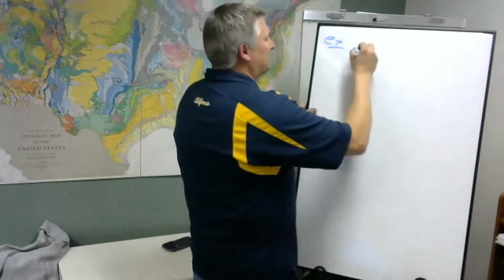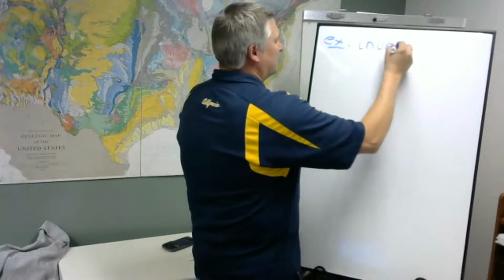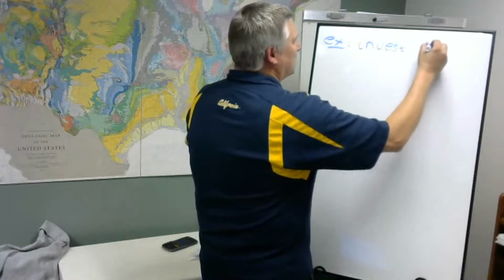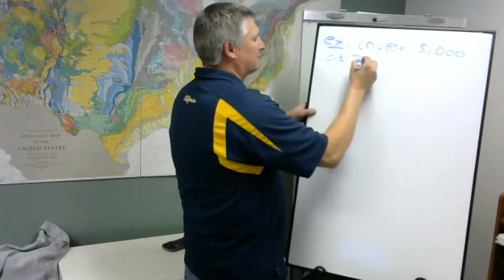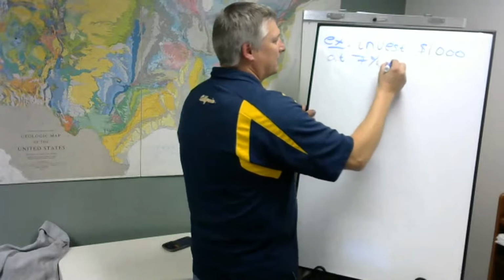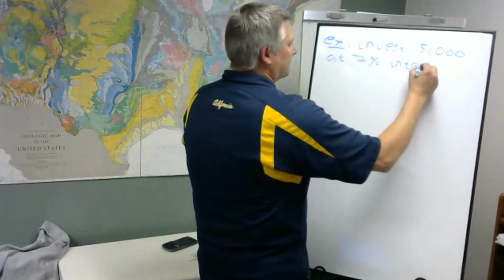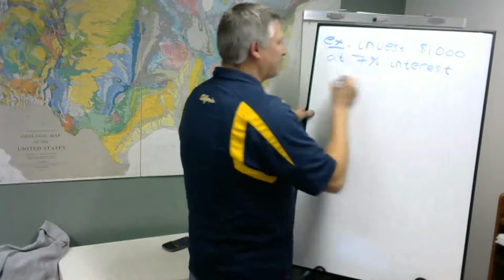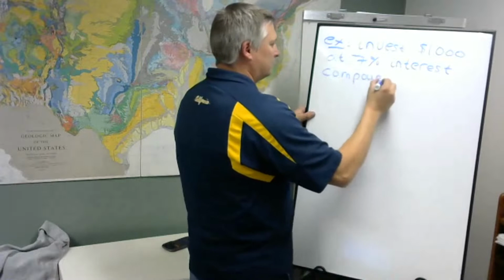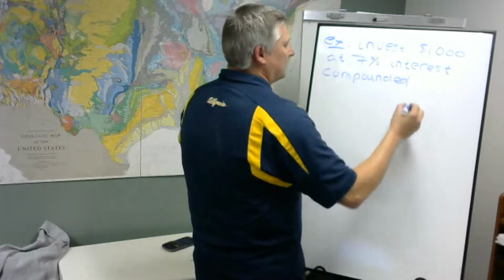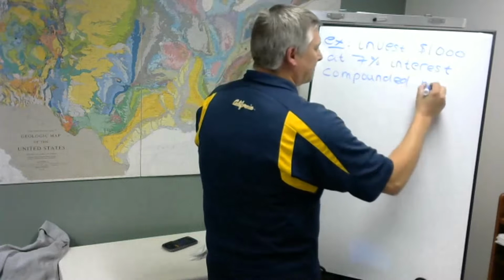Let's say you invest $1,000 at 7% interest, compounded, let's say monthly.